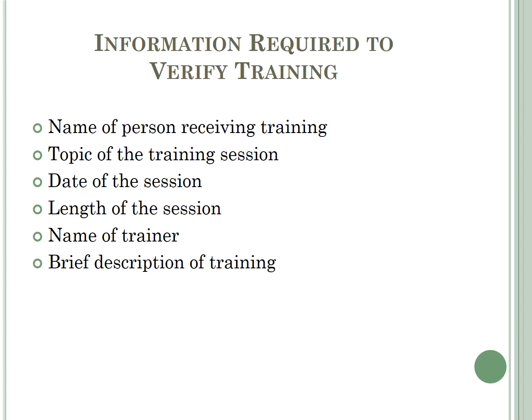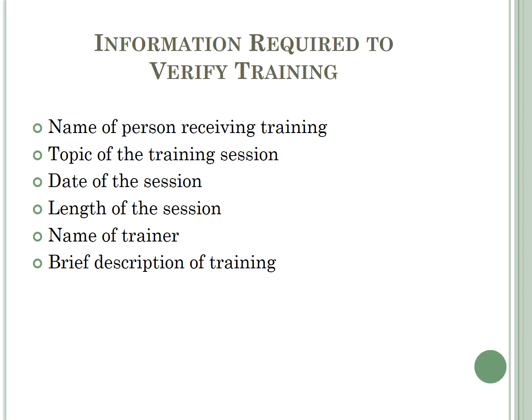So after you have trained your staff, there are certain required elements that you should have available to verify that they have been trained. And this is actually what a reviewer will be looking for if your agency is reviewed. So it's really helpful to have a training certificate.